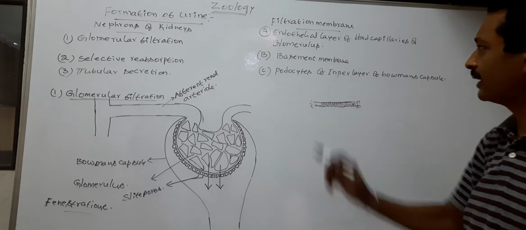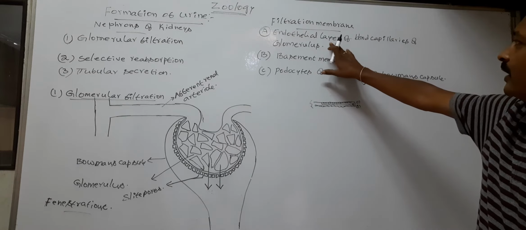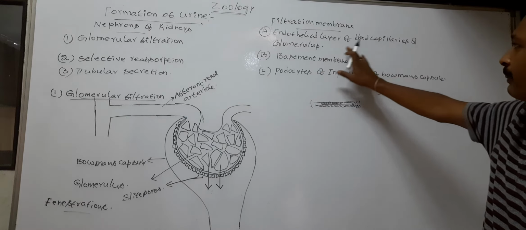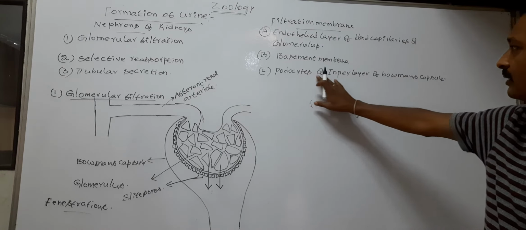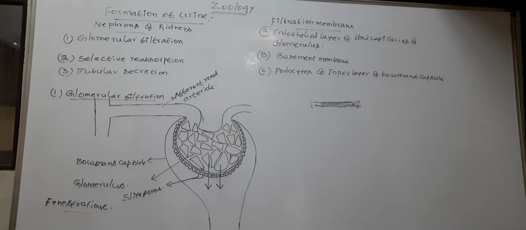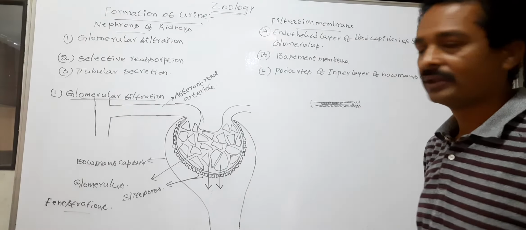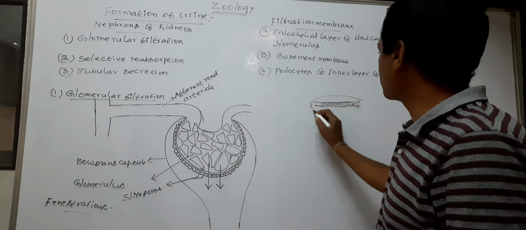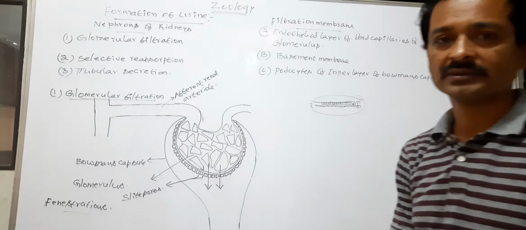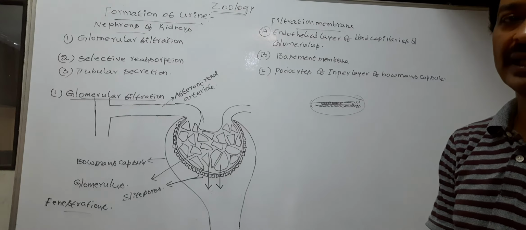The basement membrane is situated between the endothelial layer of the blood capillaries of the glomerulus and the podocytes of the inner layer of Bowman's capsule. The basement membrane is a porous and very thin layer.